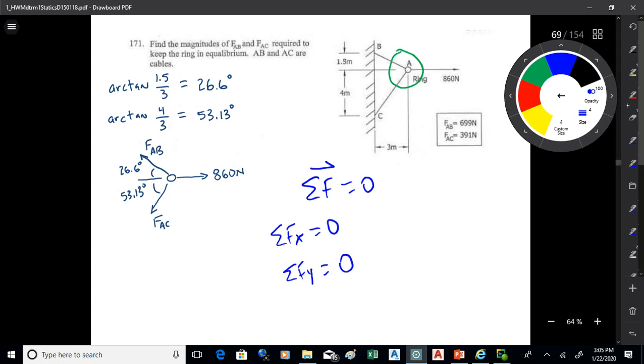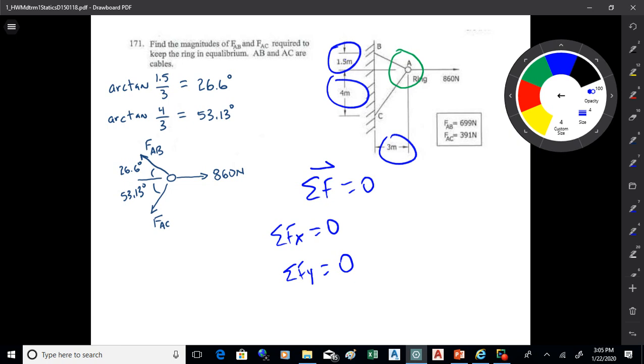So you've got enough of the dimensions here where you can work out the angles of the cables by doing inverse tangent. And that will allow you to find the angle of AB and the angle of AC. So they're shown there on the sketch. So in a free body diagram, I want to show the forces, but I also want to show the angles at which they act. So I'd start with that.